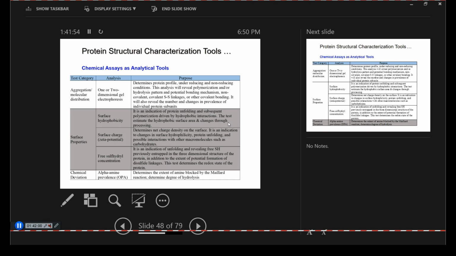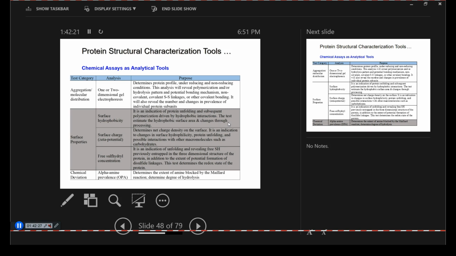Chemical derivatization: changes, for example, in the extent of amine blocked by the Maillard reaction. We talked about that previously. If we are processing and the Maillard reaction occurred, it might damage lysine, because lysine will be the one interacting with the reducing sugar.